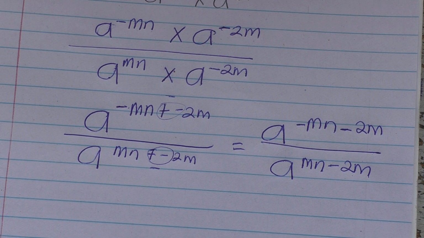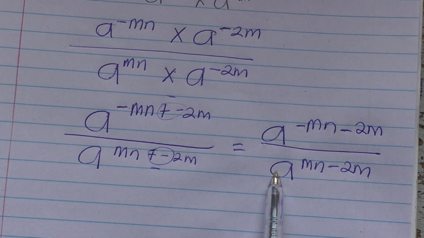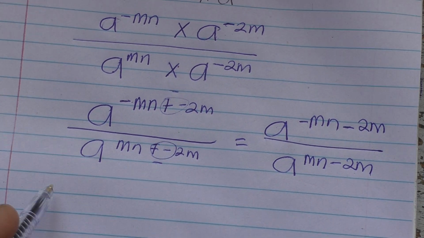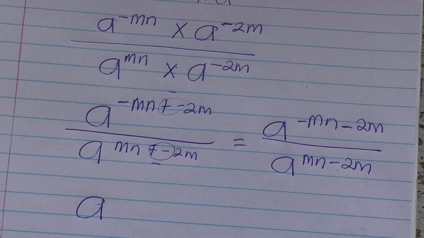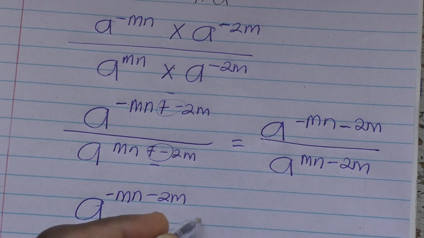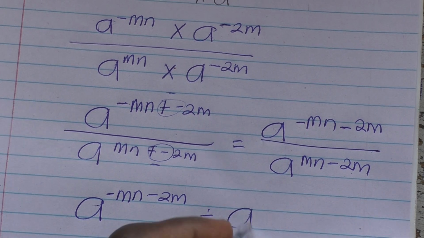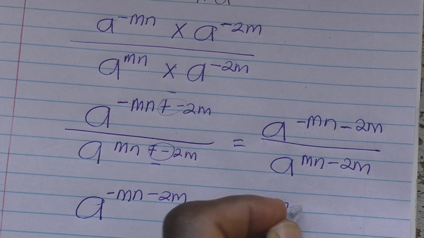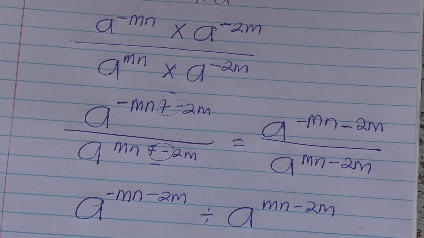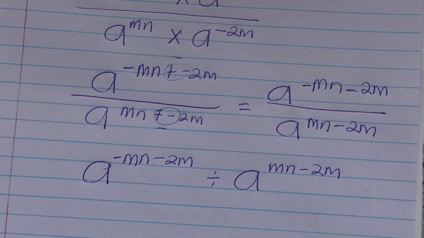So after simplifying that, we now realize a fraction where we have a numerator and a denominator. So this is the same as division. We are dividing this by that. So we change the fraction into the division sign, whereby we shall have a power negative mn minus 2m divided by a power mn minus 2m. And now, since we are dividing, we have a law that guides us on this.